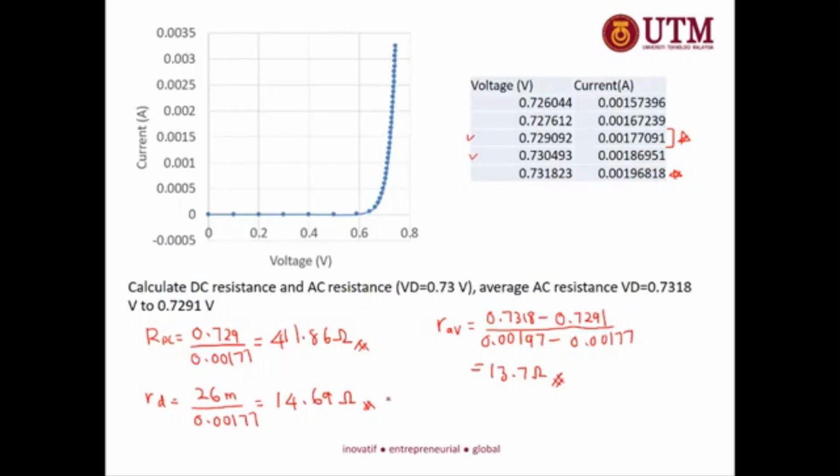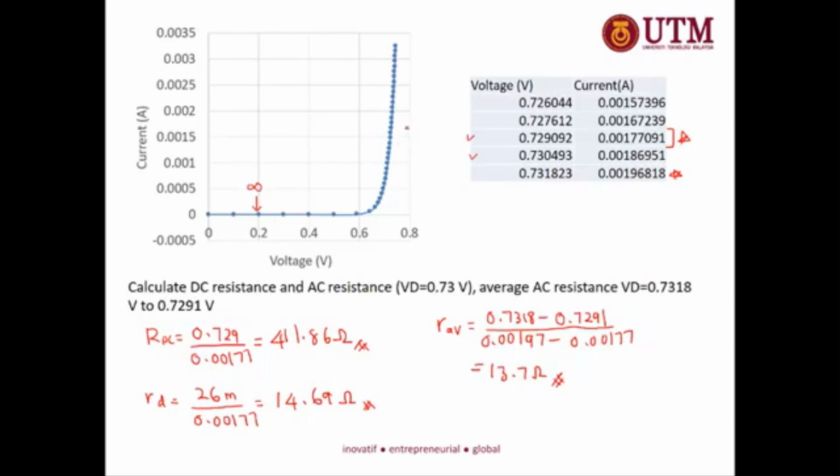Some comment on the difference between DC resistance and AC resistance. AC resistance actually shows the actual status, whether the diode is on or off. For example, if the point is at this point, the AC resistance will be close to infinity.